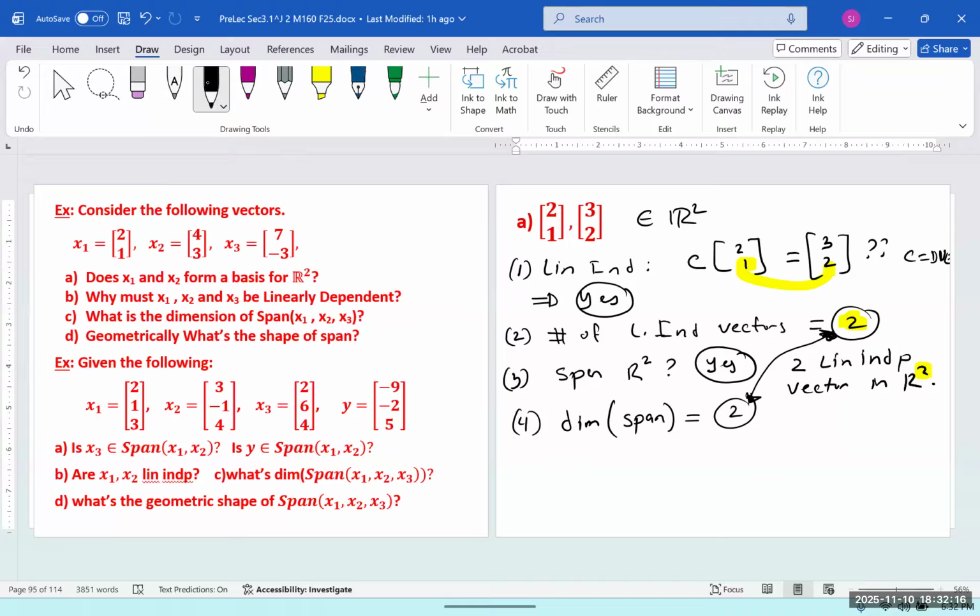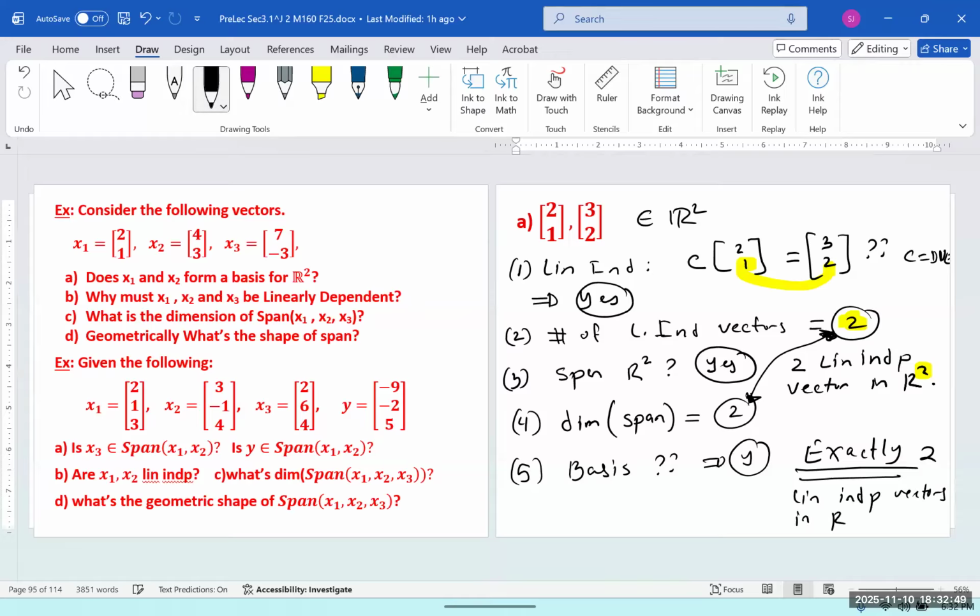And now, based on all this information, what do you think about bases? Do they form a basis for the space? It means, do they cover the entire vector space? Yes. Why? Because we have exactly two linearly independent vectors in R2.